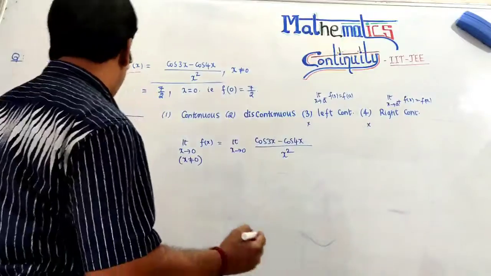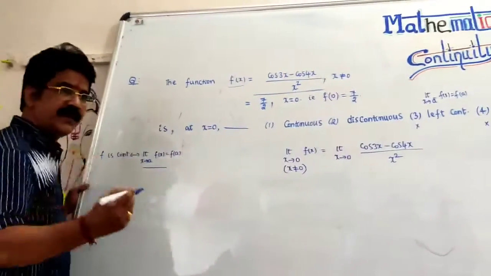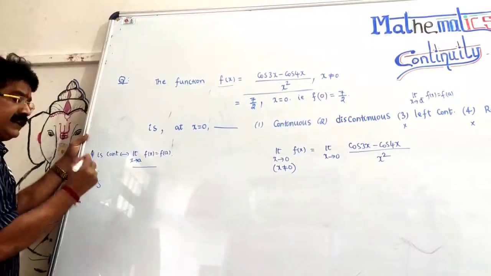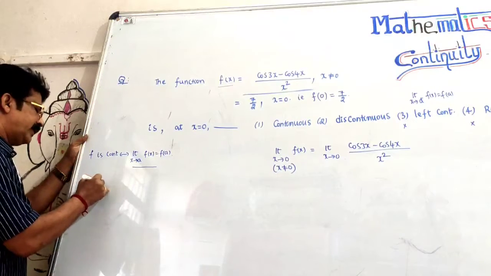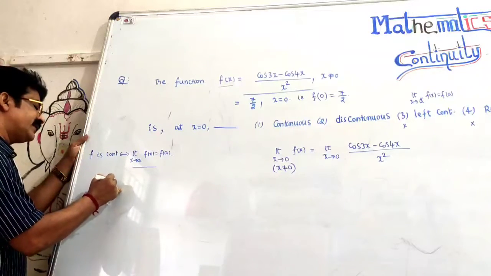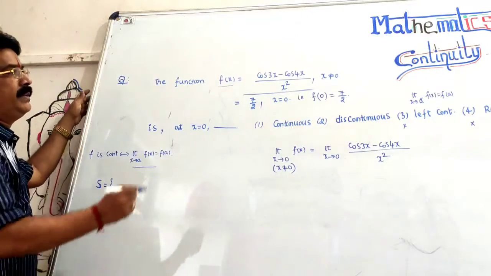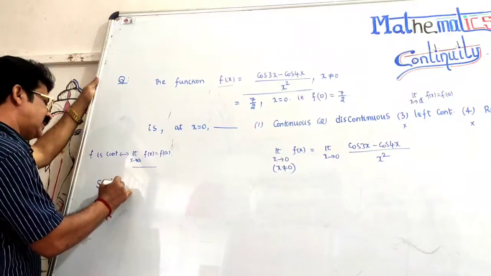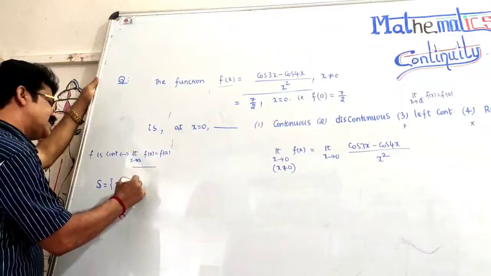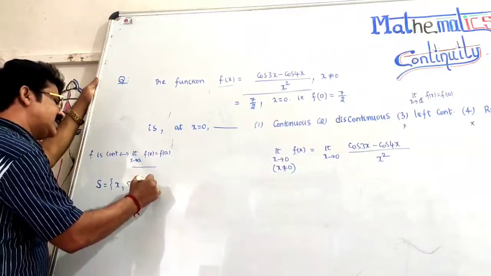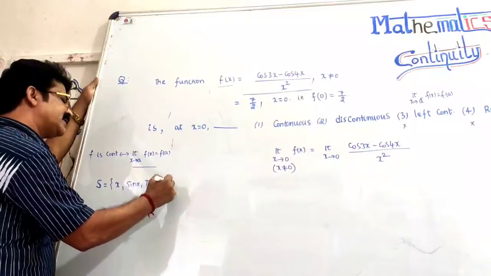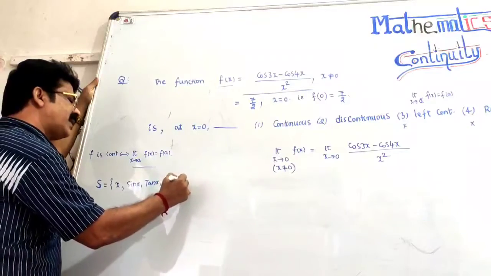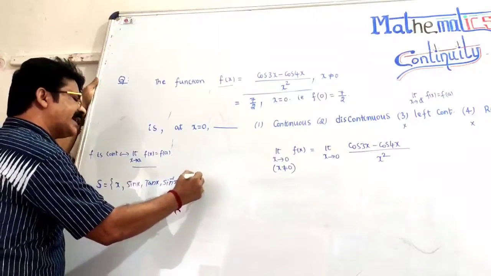Another method is there. Actually, I said you come here. I said the set in the limits topic. So it is better to revise the limits topic first before going to this topic, continuity. Yes, S is equal to x, sin x, tan x, sin inverse x, tan inverse x.